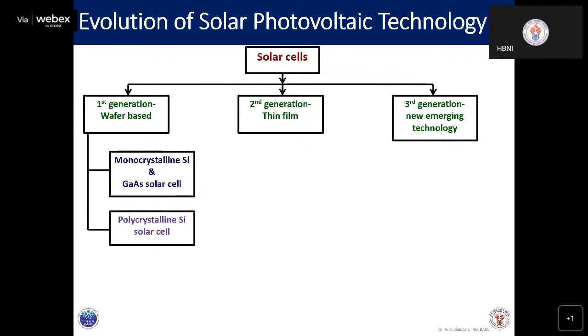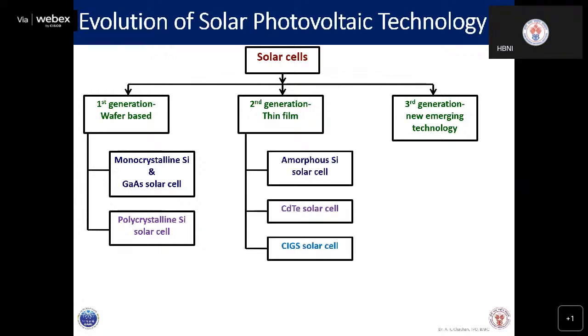In first generation, monocrystalline silicon and gallium arsenide solar cells were used. Polycrystalline silicon solar cells were also used in first generation, wafer based, where it is thicker, you can say, still polycrystalline wafer. In second generation, thin film based solar cells: amorphous silicon solar cell, cadmium telluride solar cell, and CIGS solar cell.